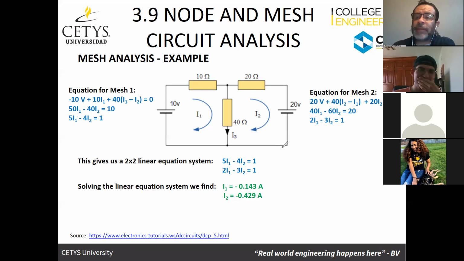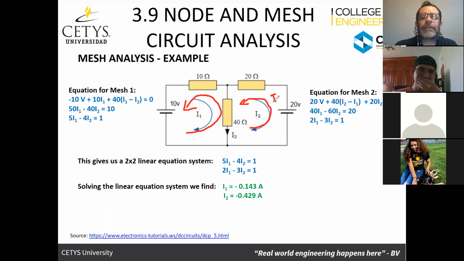So, Carmina, something that I would suggest is the following for everybody. Do this exercise again, but instead of placing I1 and I2 clockwise, place them counterclockwise. Oops, I did the same thing. Place them counterclockwise. Okay?